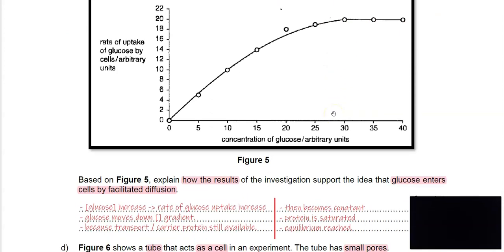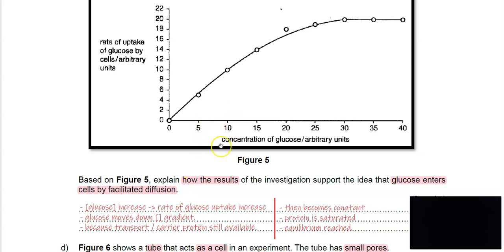Based on figure 5, explain how the results of the investigation support the idea that glucose enters cells by facilitated diffusion. As you can see from the graph, as the glucose concentration increases, the rate of glucose uptake also increases. So glucose moves down the concentration gradient.